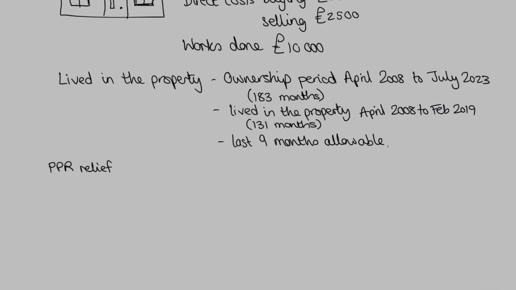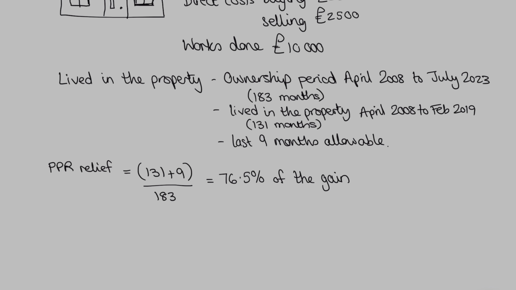In terms of calculating the principal private residence relief available, what we need to do is take the period that is allowable for PPR relief, which is our 131 plus 9 months, divide it by the 183 total months we've owned, and take it to 76.5% of our net gain that we can deduct as not taxable.